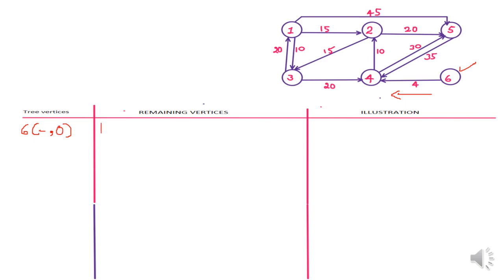So what we can do, it is infinity. Rest, you can set the distance as infinity. For 3 also it is infinity. 4, yes, it is making an edge from 6. So the penultimate near vertex is 6.